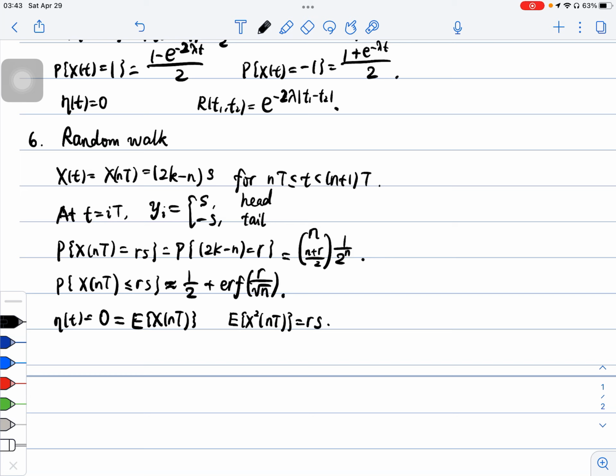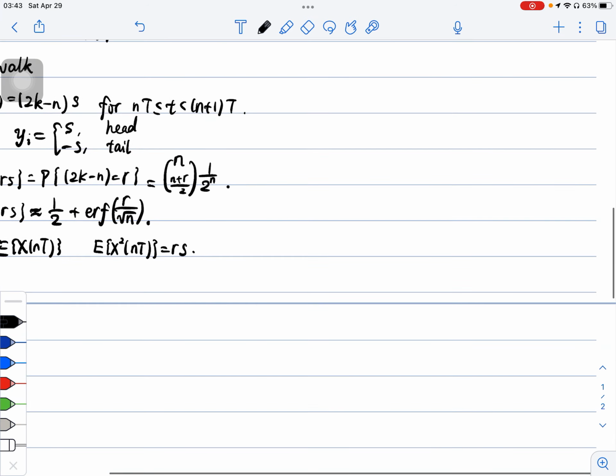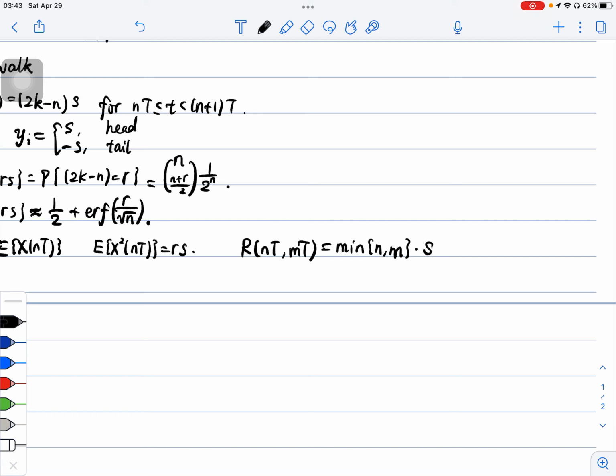Also, the diffusion is ineffective for mixing because of the way the square root behaves for large n. And the autocorrelation is the minimum of n and m times s squared.